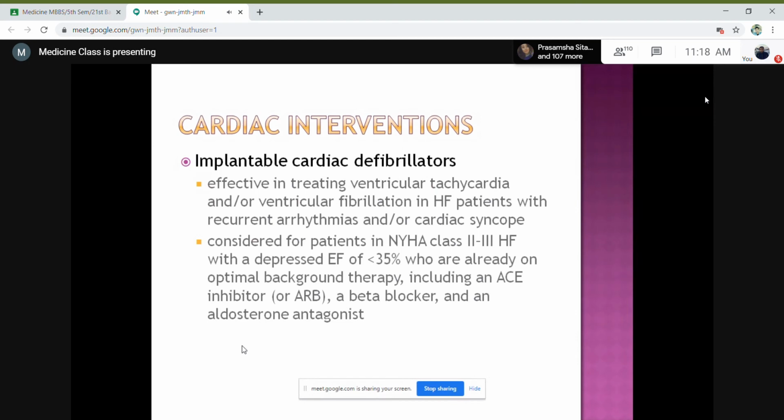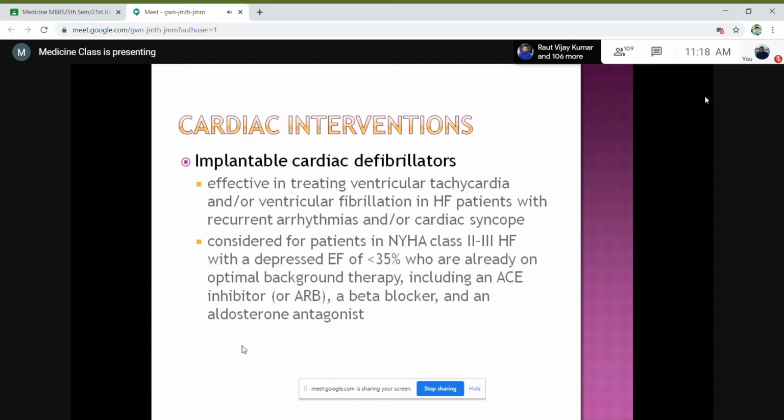Okay, so it is effective in treating ventricular tachycardia or ventricular fibrillation in patients with heart failure with recurrent arrhythmias or cardiac syncope. Okay, so this is generally indicated in patients who have heart failure, who present with recurrent episodes of ventricular arrhythmias, ventricular fibrillation and tachycardia, and cardiac syncope.